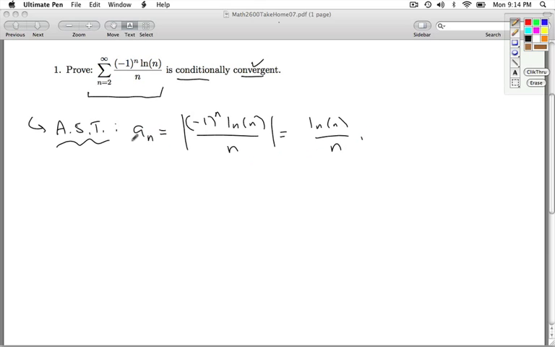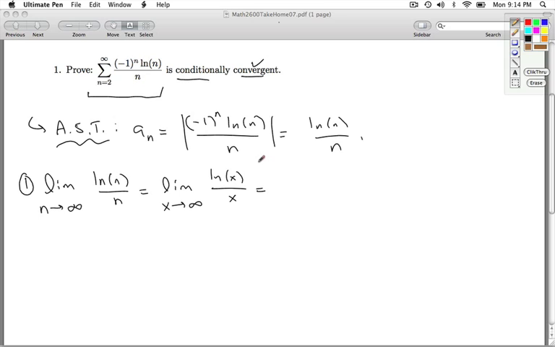So what do we need to show about these a sub n? We need to show that their limit is 0 and that they're decreasing. So let's check that the limit is 0. As n goes off to infinity, of ln n over n, I can replace the n with x and get a function of real variables. This is a prime candidate for L'Hopital's rule.